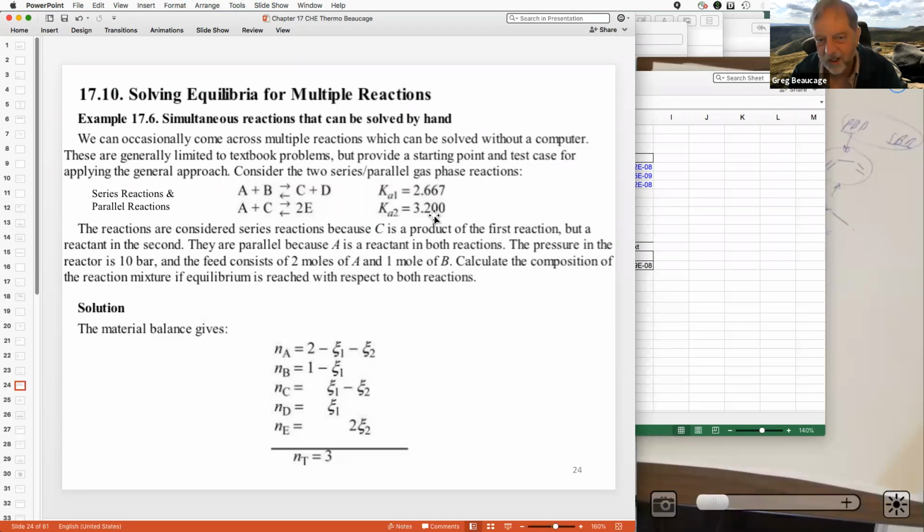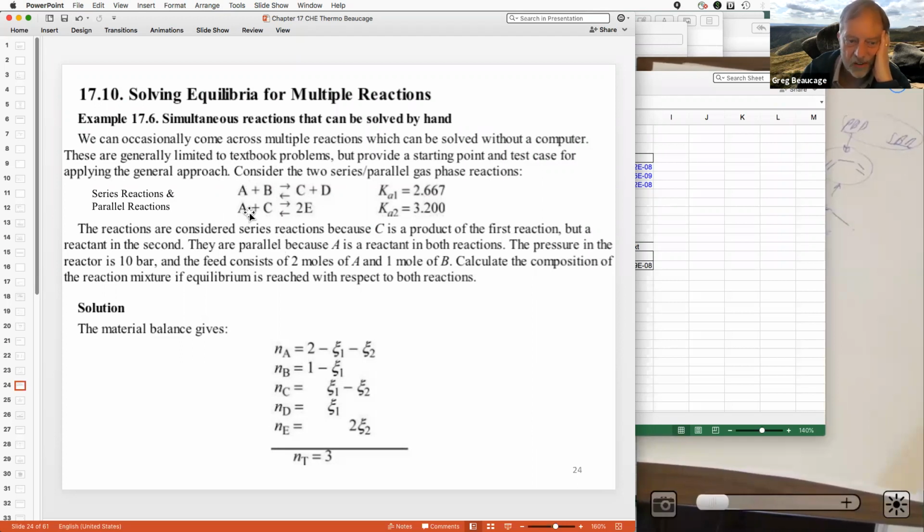Both of these are going to be reasonable reactions because the Ka is bigger than 1. Right, so they're forward reactions. So both of those are favorable. But if you have 2 reactions, then there's 2 reaction coordinates, right? So you just do bookkeeping and keep track of it.